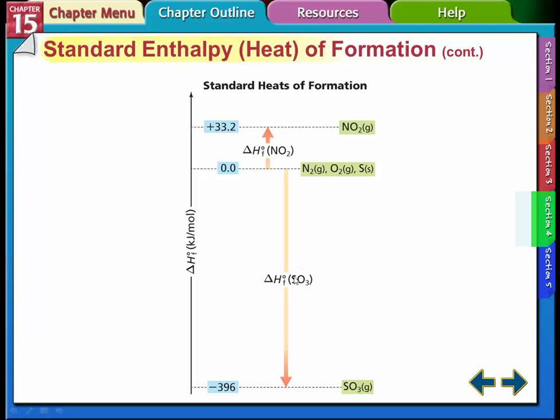And to make the other reaction, the SO3, it gave up heat when it formed those bonds. So comparing it to the standard states, to get the nitrogen oxide we took heat, and the sulfur trioxide gave off heat.